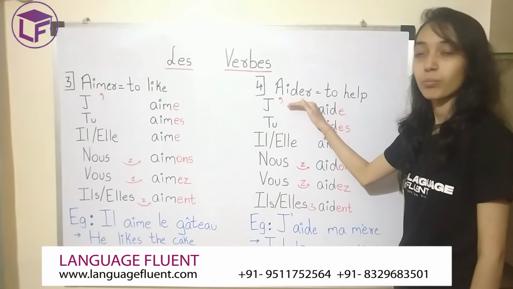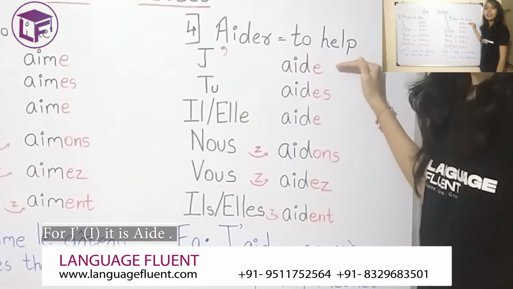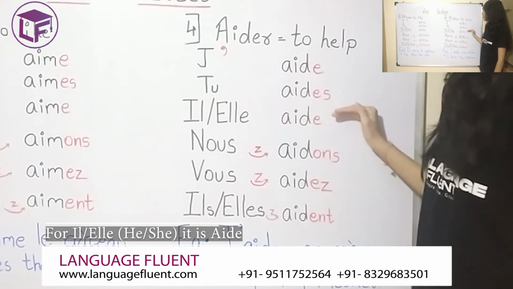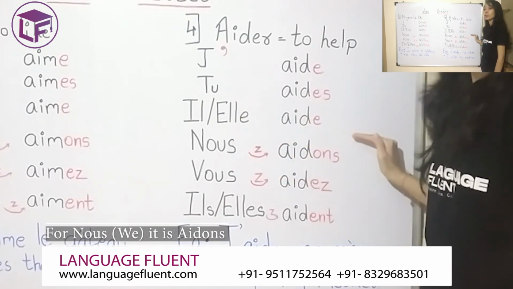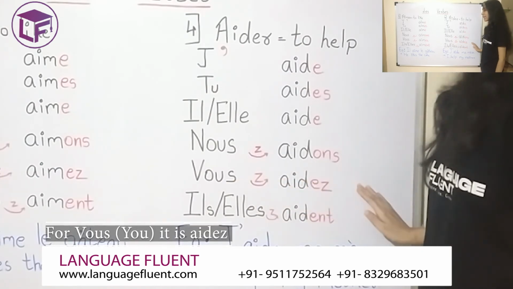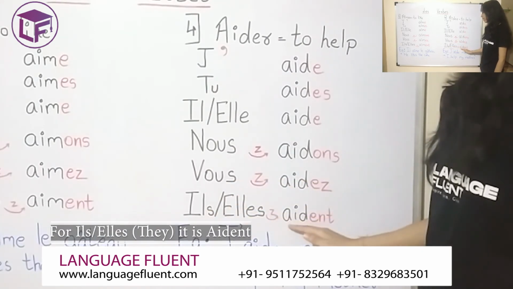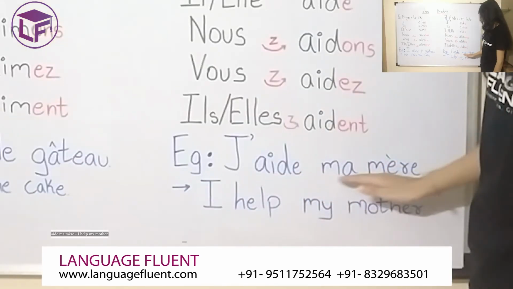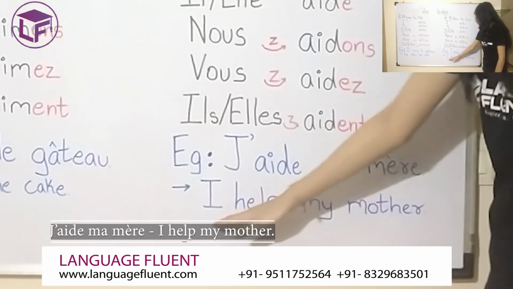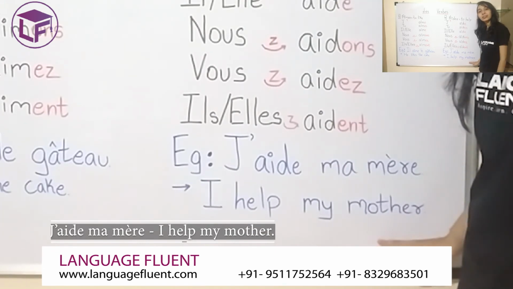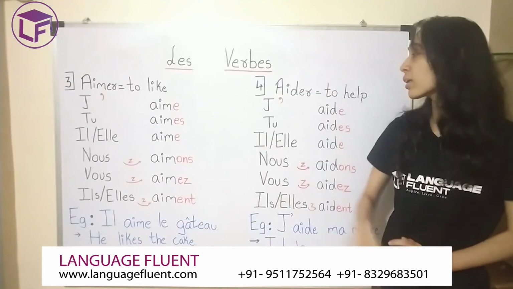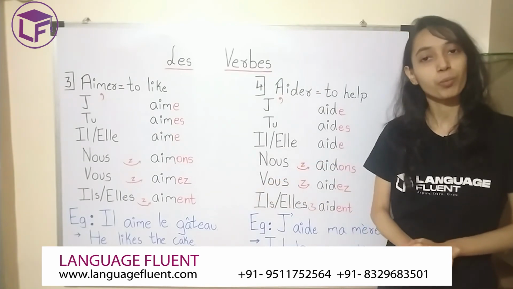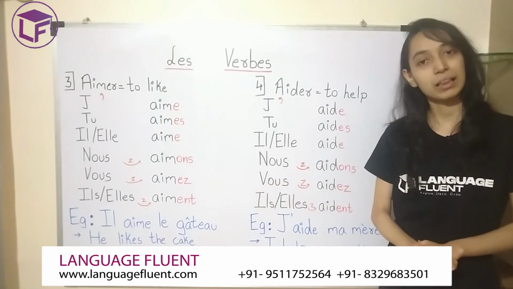So pronunciation becomes j'aide, tu aides, il, elle aide, nous aidons, vous aidez, ils aident, elles aident. For example, j'aide ma mère, which means I help my mother. Now, always remember, these endings are only for regular er group of verbs. For other verbs, we have other endings.